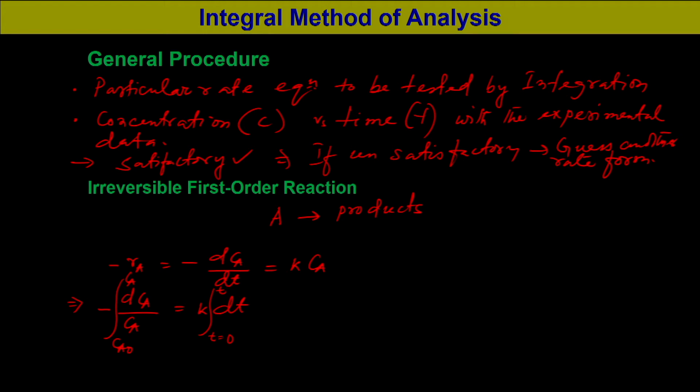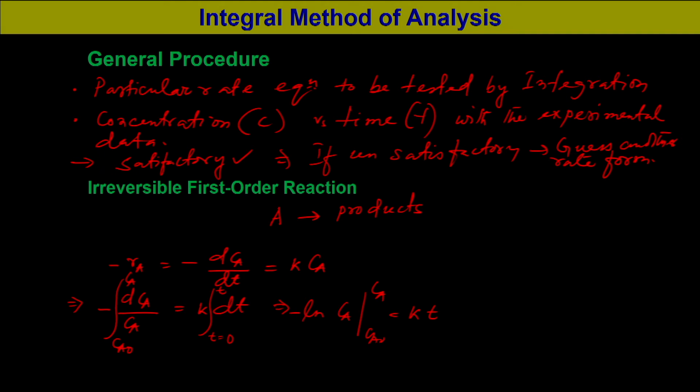So, with this limit, if we integrate this expression, it will be ln C A from C A naught to C A, which would be equal to k into t.